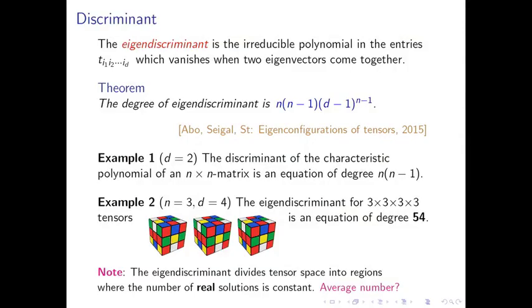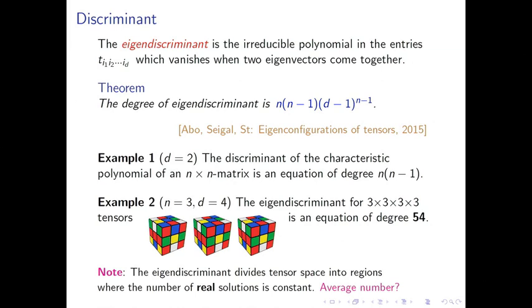Here's a theorem. The eigendiscriminant is a homogeneous polynomial in the entries of the tensor, of degree n times (n minus 1) times (d minus 1) to the n minus 1. Again, it's always good to check the matrix case.